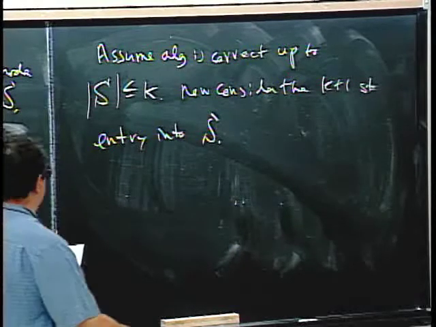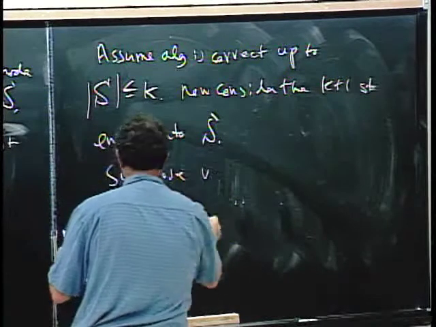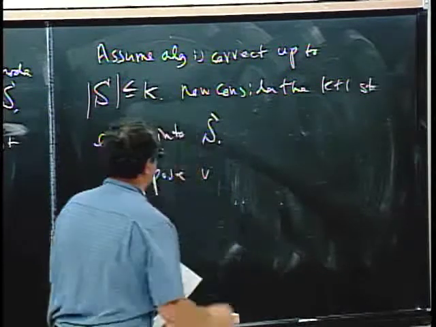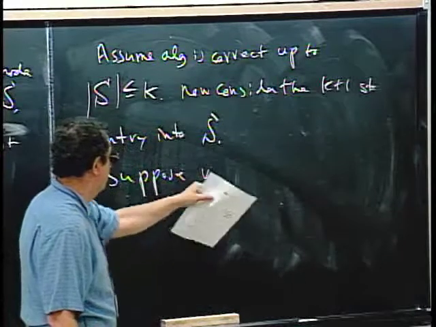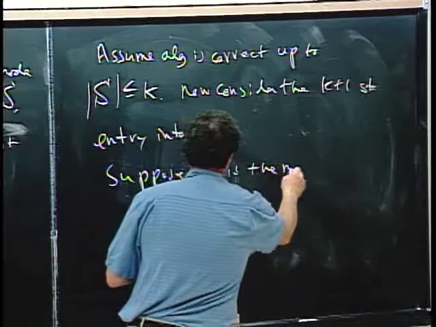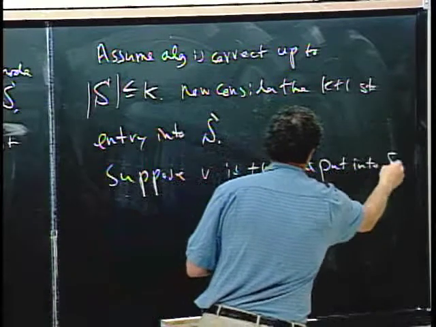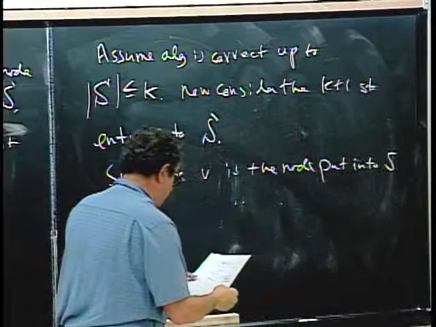All right, so we're going to suppose the node that gets put into capital S at this point is just noted as V. So what do we know about it?